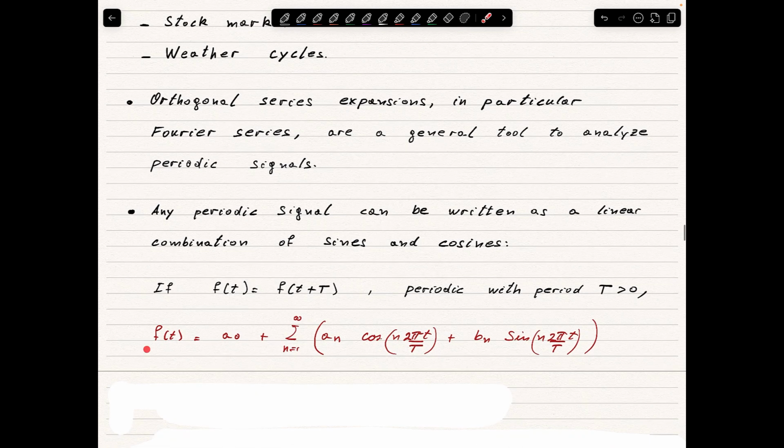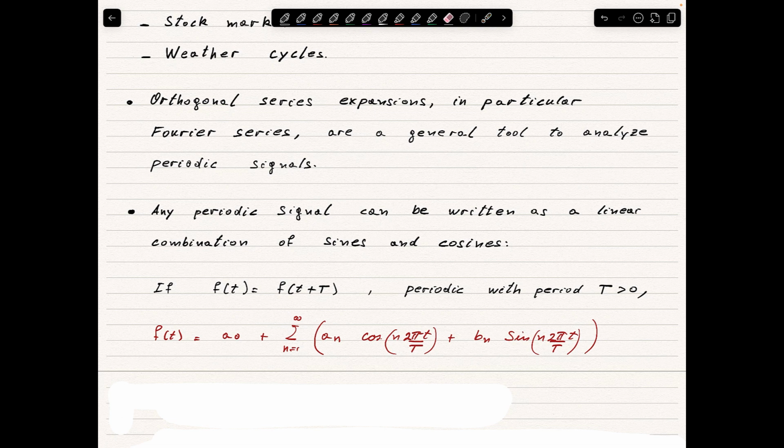One can prove that such a function, if it is continuous or piecewise continuous, can always be written in this form, where there is a constant term and then an addition of cosines and sines of multiples of a particular frequency.